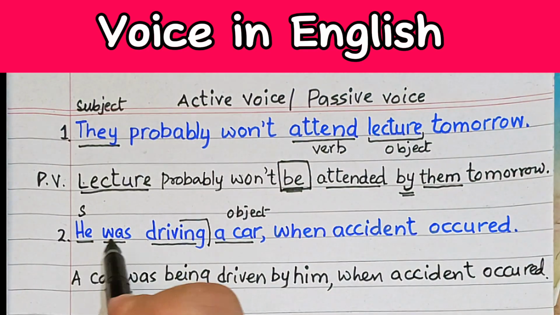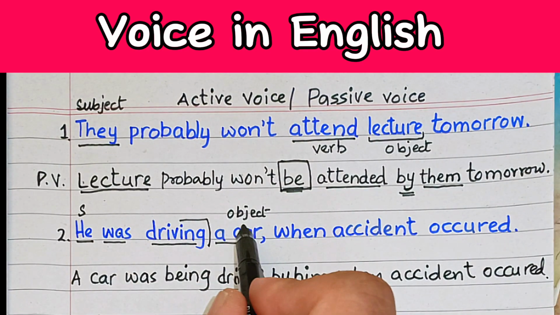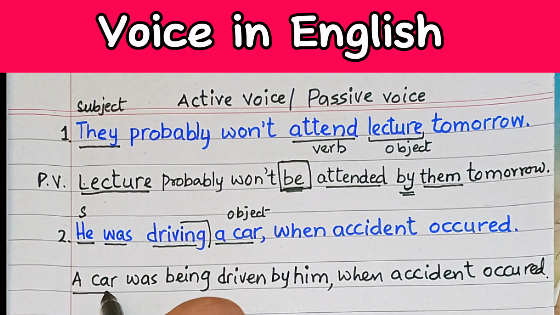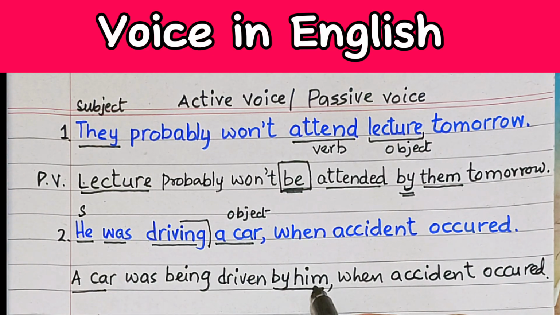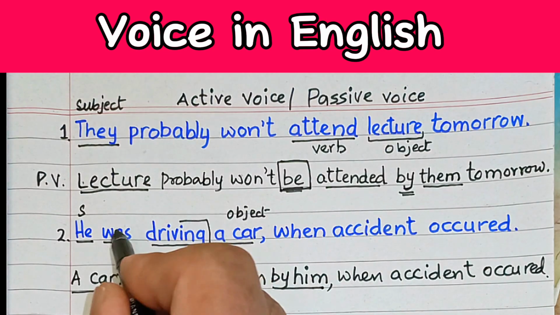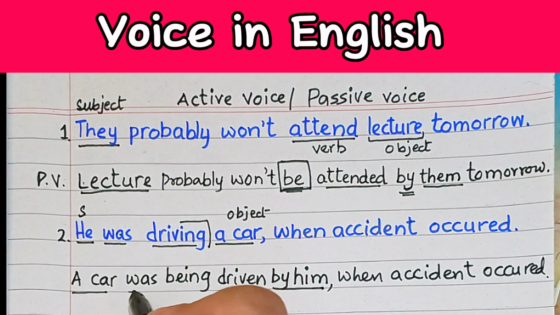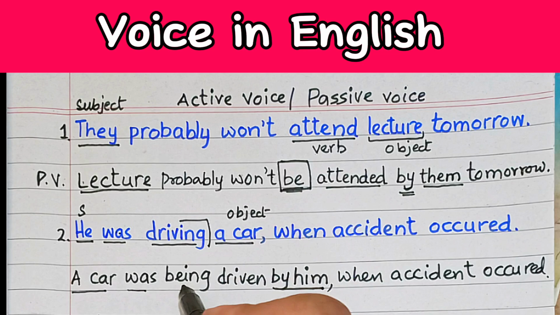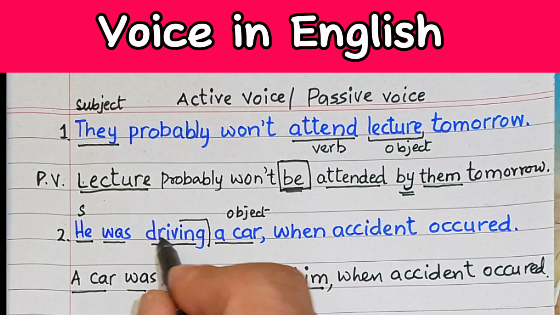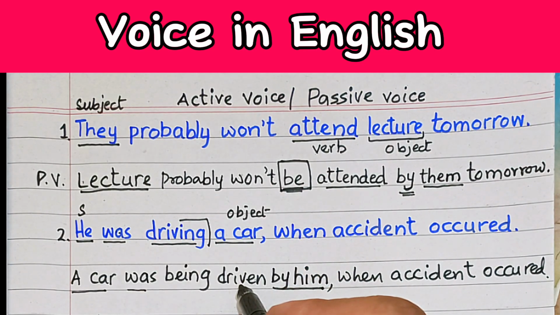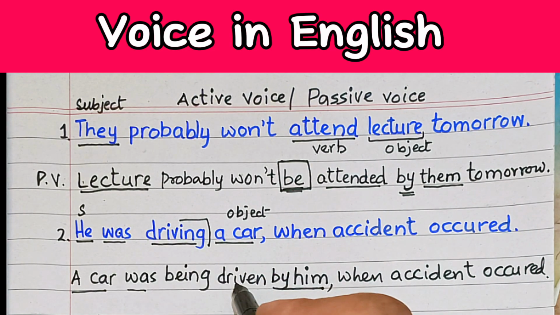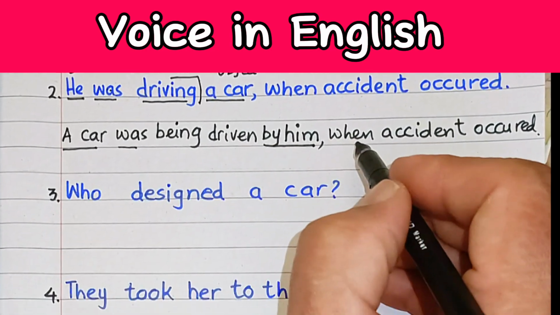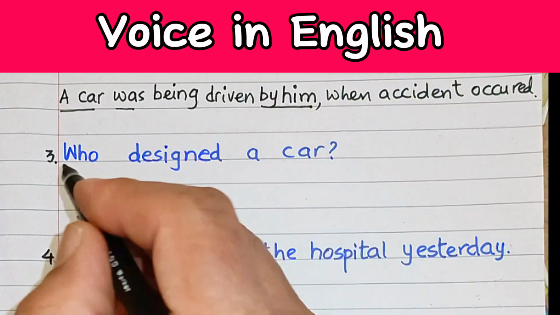So again you can see that the object becomes the subject and the subject or doer becomes the object in this case. Then the helping verb was remains the same. Ing gets converted into being, and drive, that is the original form of the verb, present or simple present, gets converted into driven. The rest of the things remain the same.